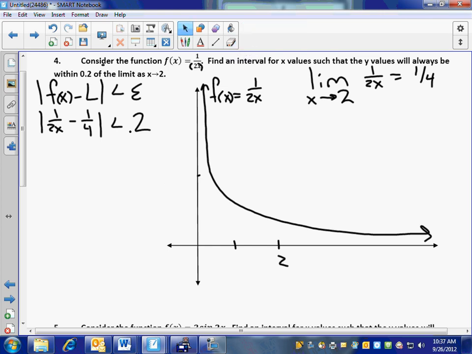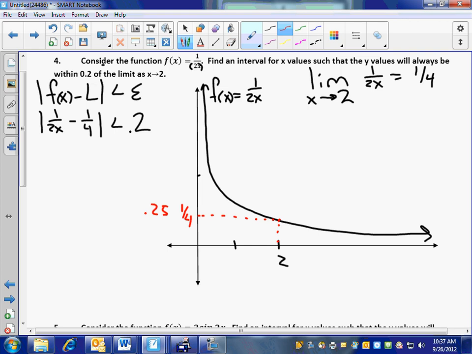My tick marks aren't doing a very good job here, so I'm going to adjust them. But if you plug in 2, we said you get an output of 1/4 or 0.25. And it's saying that we want to find new boundaries so that we are within 0.2. So what would be the largest y value that we could achieve?